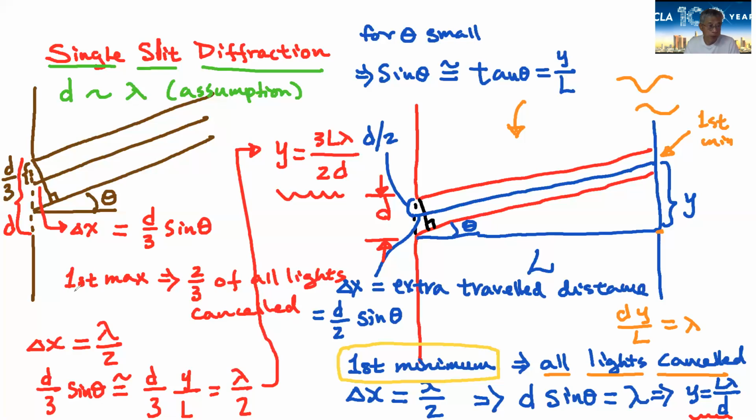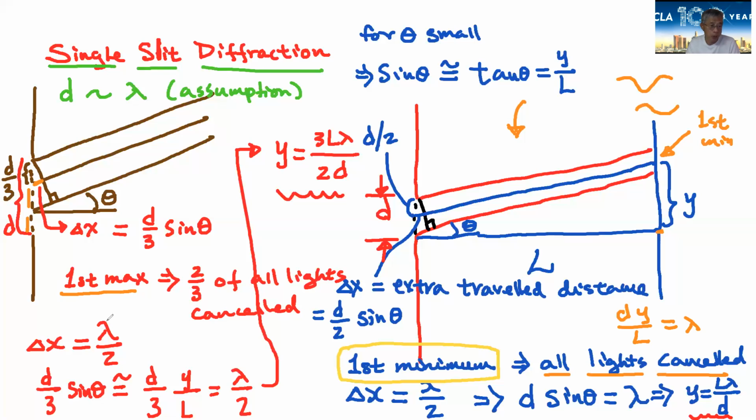Now for the first maximum, we're going to divide this opening into 3 pieces: D divided by 3, D divided by 3, D divided by 3. We look at the first one right here, and that's the actual distance we're considering. The actual distance is D divided by 3 times sine theta, and we say it's equal to lambda divided by 2 again.